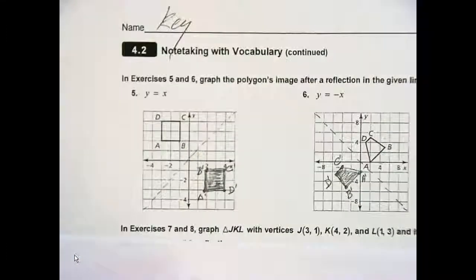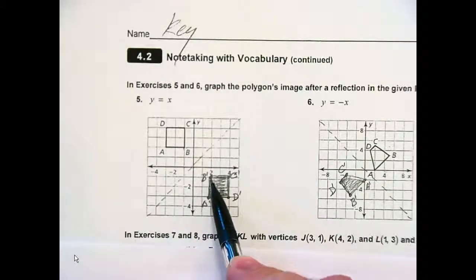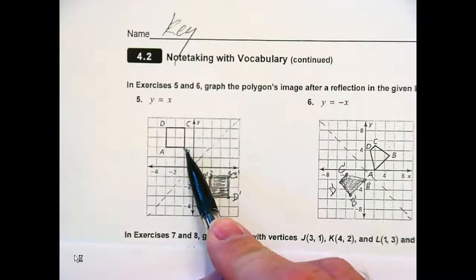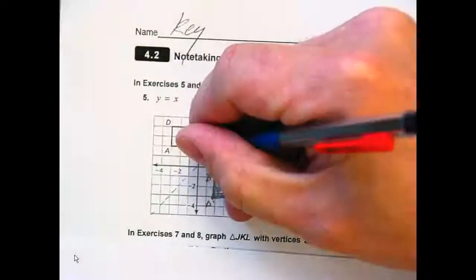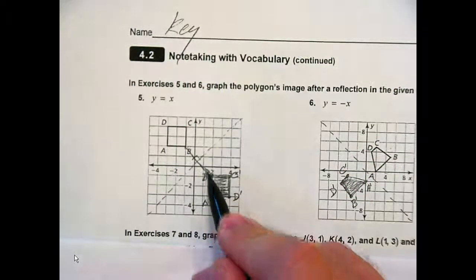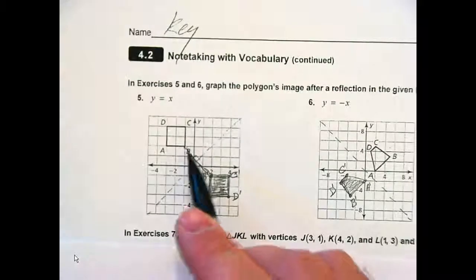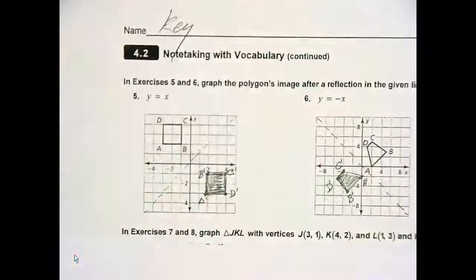So what you had for negative 1, 2 is now 2, negative 1. And if you were to connect these points, a good check, they should cross at a right angle, and they should be equidistant from the line of reflection.